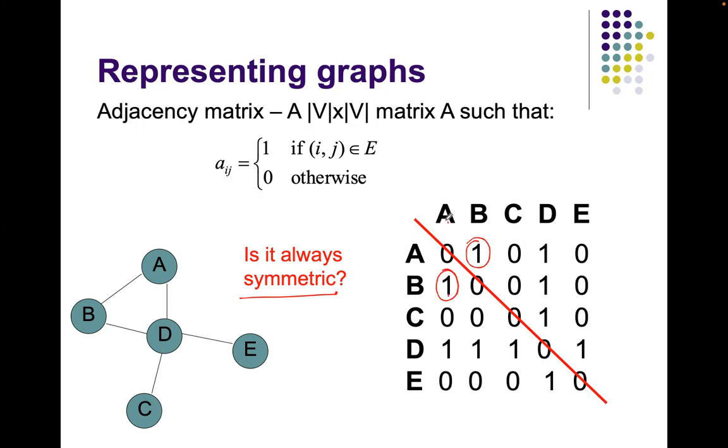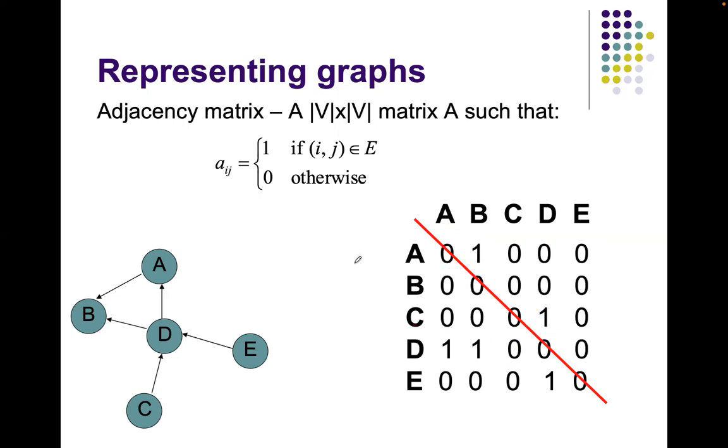It represents that A and B are connected, and this value also represents that B and A are connected. Same for here, C to D is 1 and D to C will also be 1. So if the graph is an undirected graph, it is always going to be symmetric.